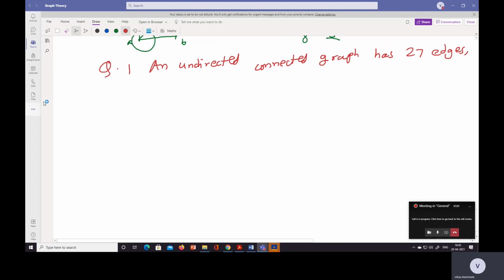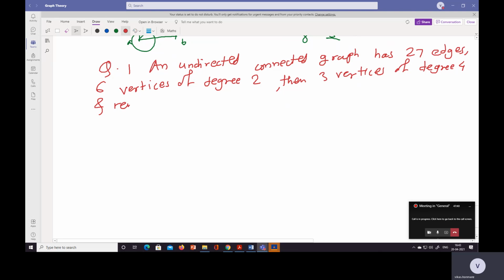Six vertices of degree 2, then 3 vertices of degree 4, and remaining vertices of degree 3. Find the number of vertices in the graph.